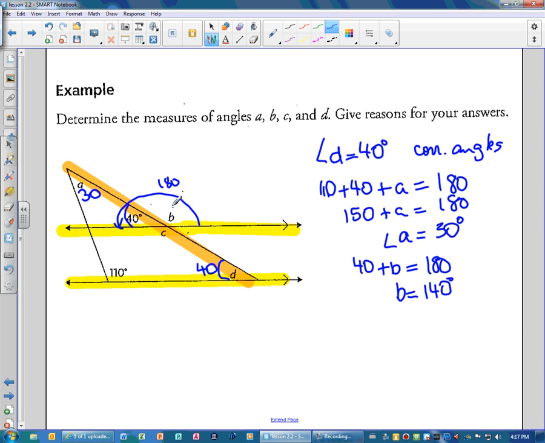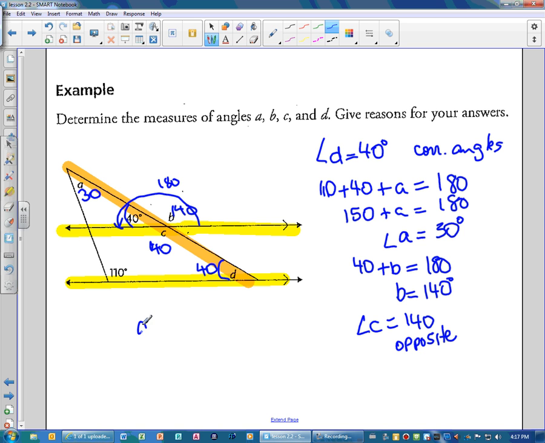Put that in there. If B is 140, C is 140. Why? Because they're opposite angles. Angles formed by two lines intersecting each other are equal. So C is also 140.